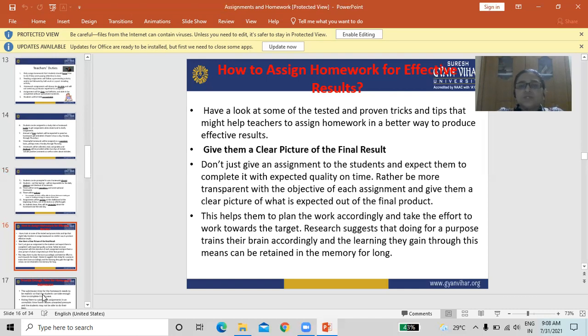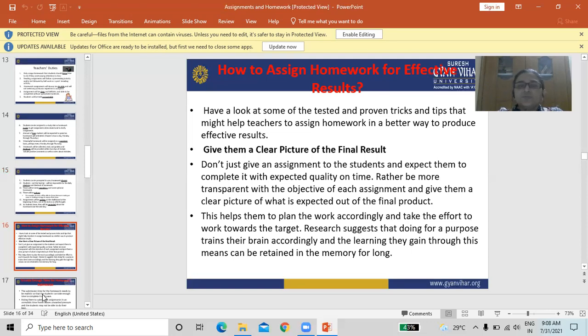How to assign homework for effective results. Have a look at some tested and proven tricks and tips that might help teachers assign homework in a better way.